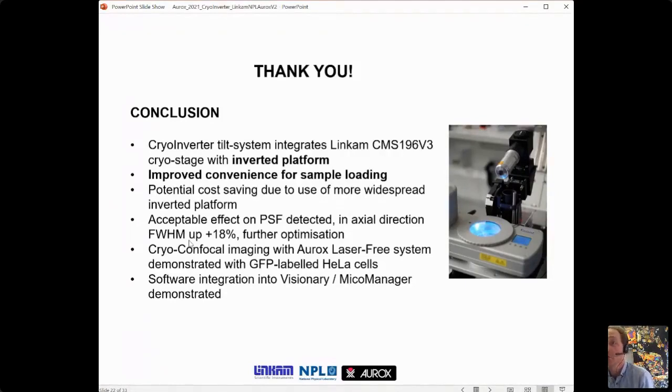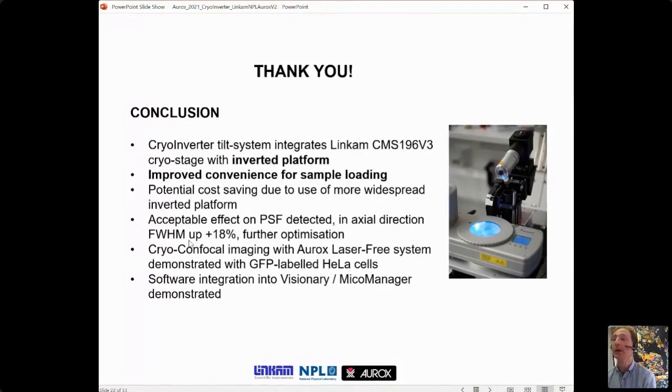And so far we found that the effect on the PSF is noticeable but acceptable. And we have also demonstrated the whole integration into the Aurox system and the Visionary software.